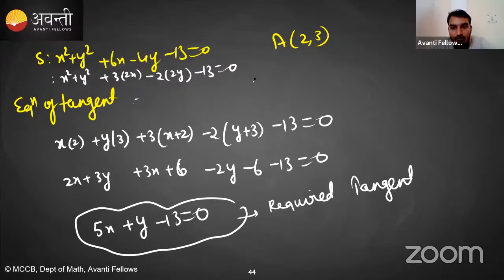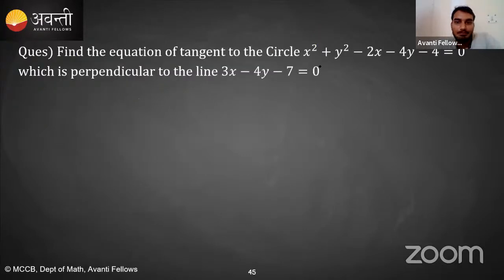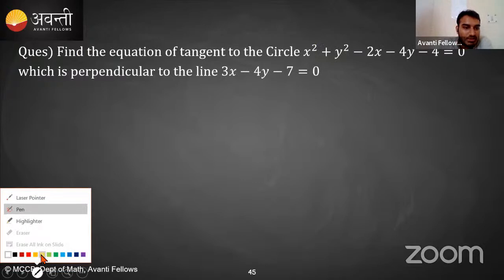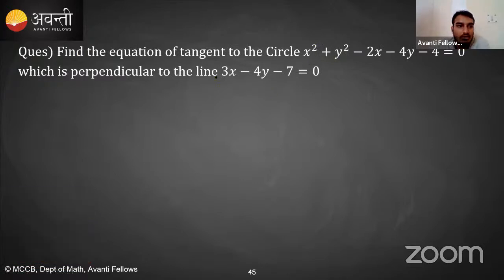Okay. So students, if it is clear, let's solve one more question on this. The other question is, find the equation of tangent to the circle which is perpendicular to the line 3x minus 4y minus 7 is equal to 0. Okay.